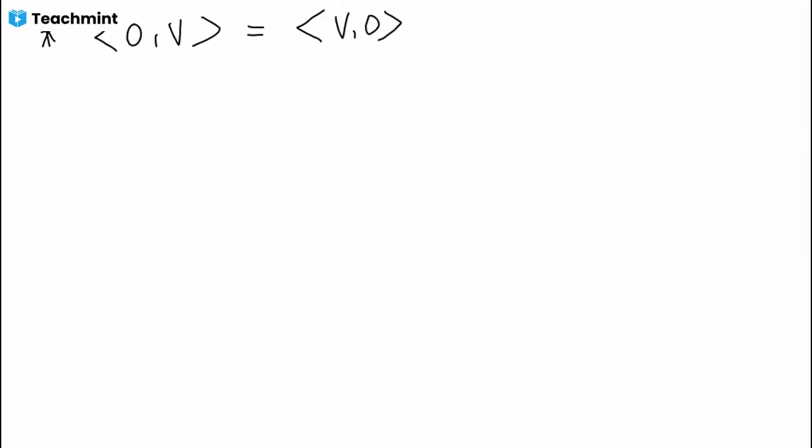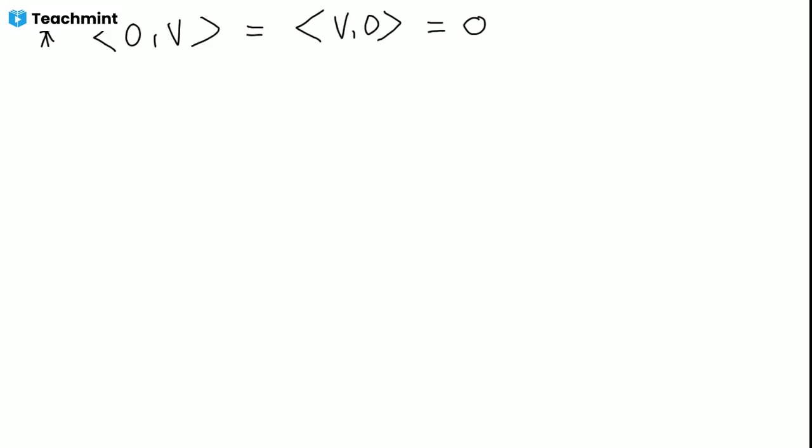And let us know the next property. If we have a zero vector along with a non-zero vector, obviously we can write it by using the property of inner product, and that is equal to 0.